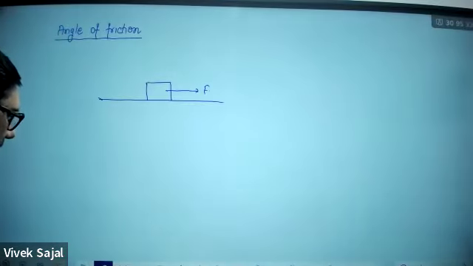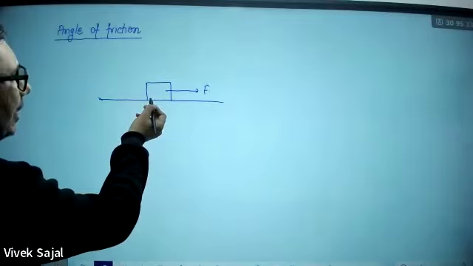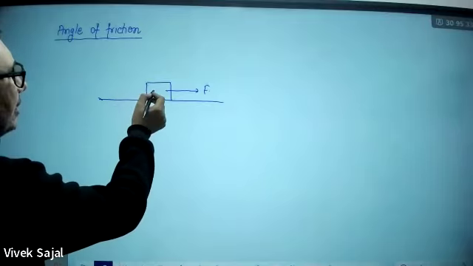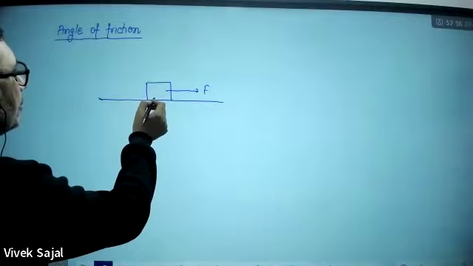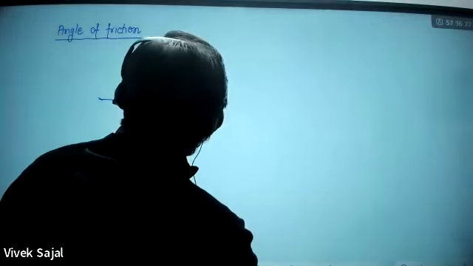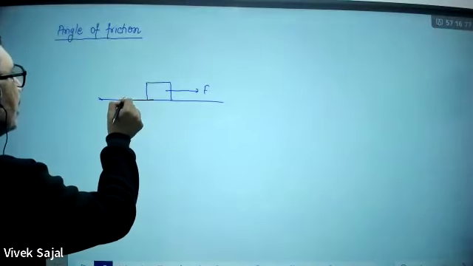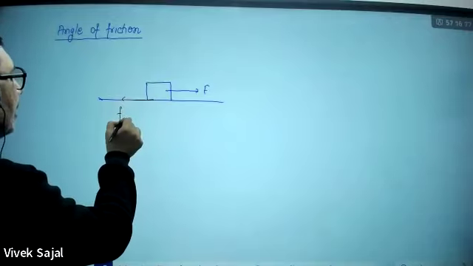So when this block is ready to move, maximum static friction is going to act here. I should show it like this. So maximum static friction force is acting here, Fs max.